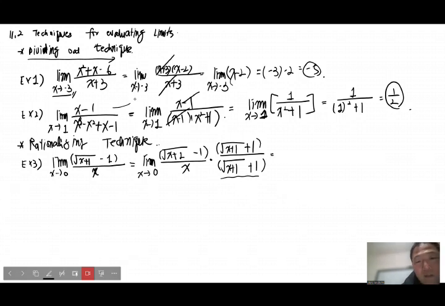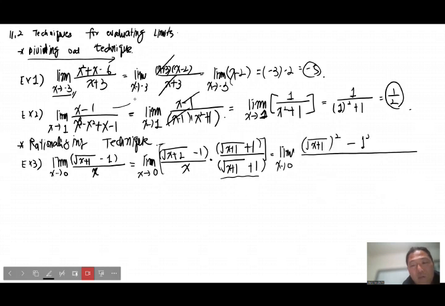By multiplying the same conjugate term into the numerator and denominator, the limit as x goes to 0 has numerator square root of x plus 1 squared minus 1 squared, and denominator x times square root of x plus 1 plus 1.